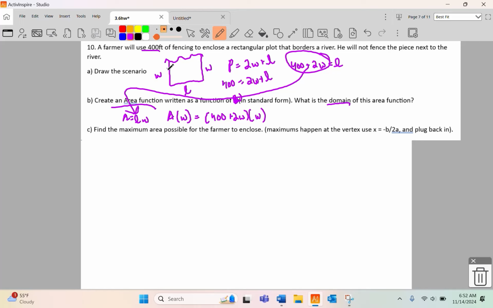I know that the width has to be bigger than 0. That's true. And I know that the length also has to be bigger than 0. And the length is 400 plus twice W, so it also has to be bigger than 0. That's just how this works.